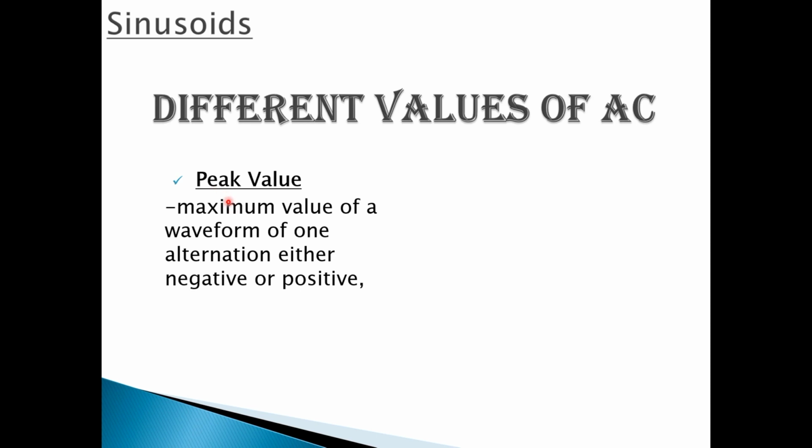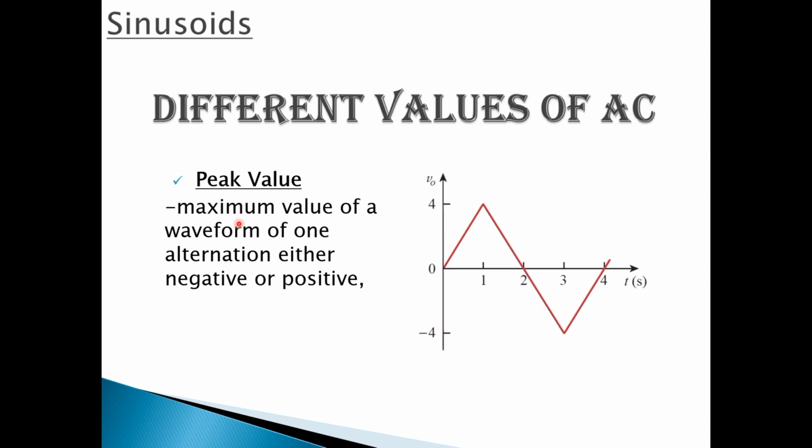If we have here a graph, what is the peak value of this graph? That is 4 volts, because the maximum value of either the positive and the negative is the same. From 0 to 4, we have the peak value of 4 volts.